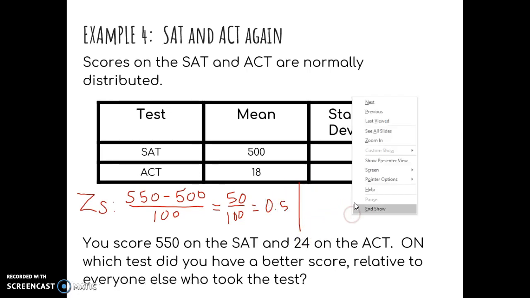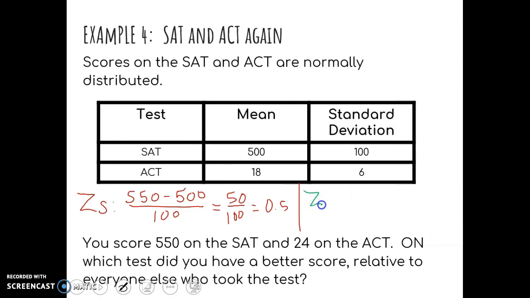Okay, so now we need to find the z-score for the ACT. So z-score for the ACT is the score on the ACT, which is 24, minus the mean, which is 18. Sorry for that line there. And then divide that by the standard deviation. So 24 minus 18, I believe, is 6, and 6 divided by 6 is 1.